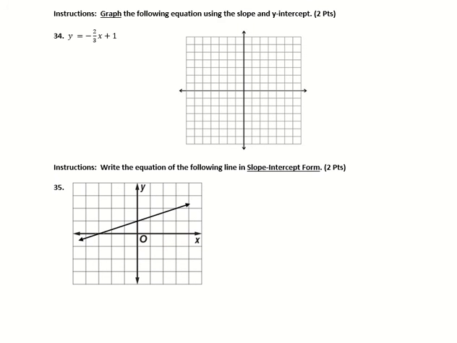Graph the following equation using the slope and y-intercept. Number 34. Y equals negative 2/3 x plus 1. And we have a coordinate plane for graphing our equation.